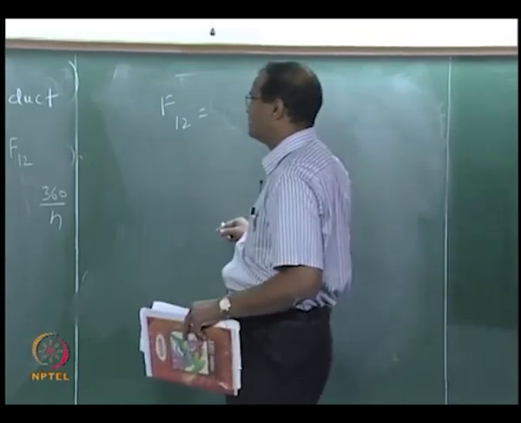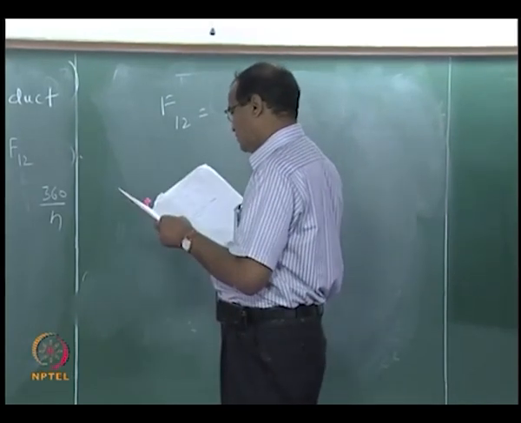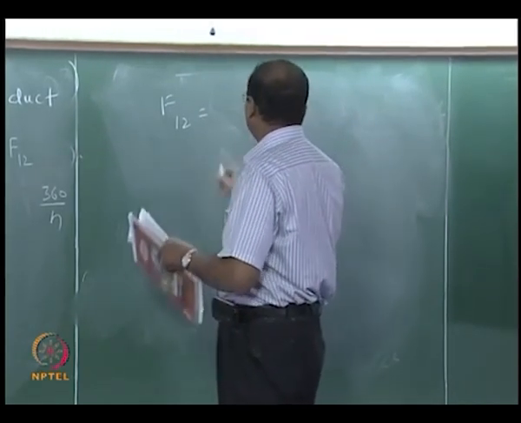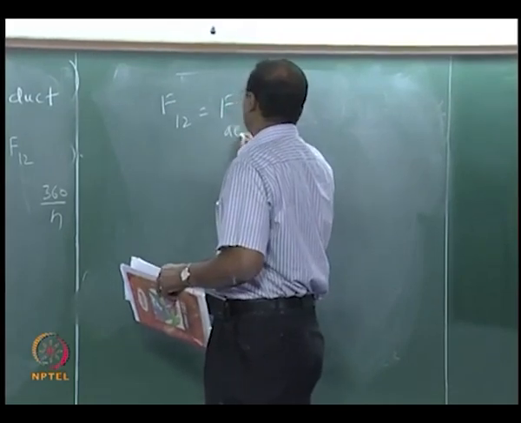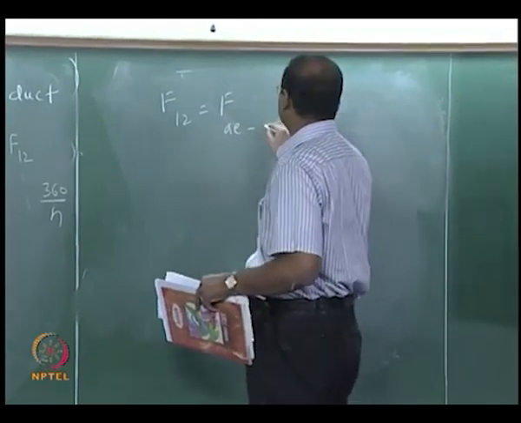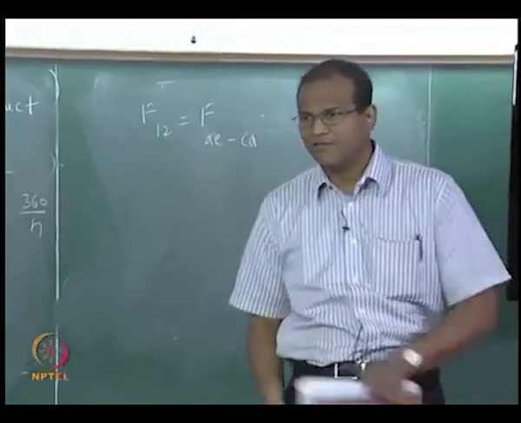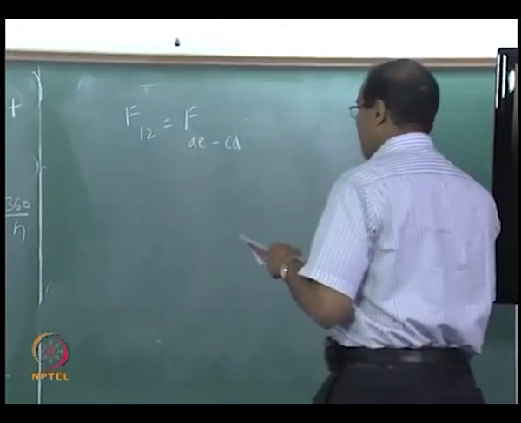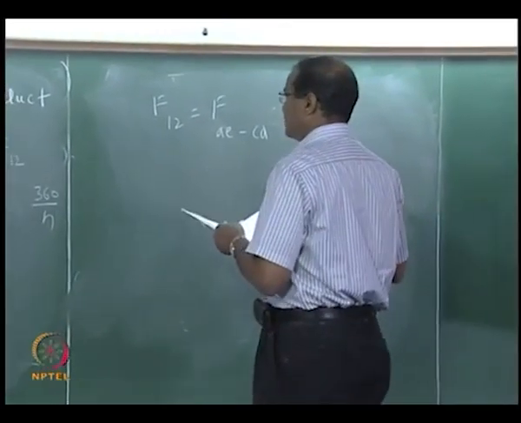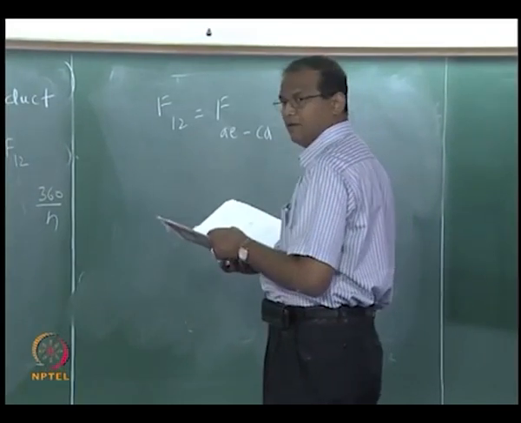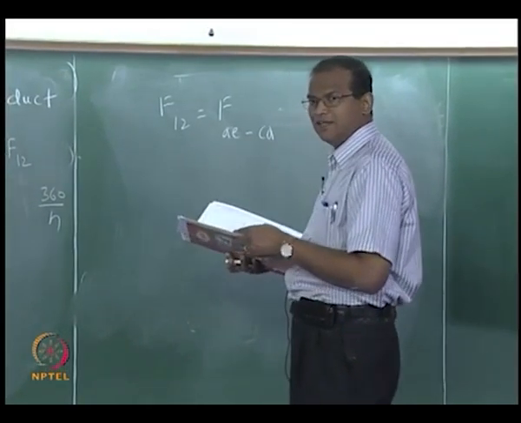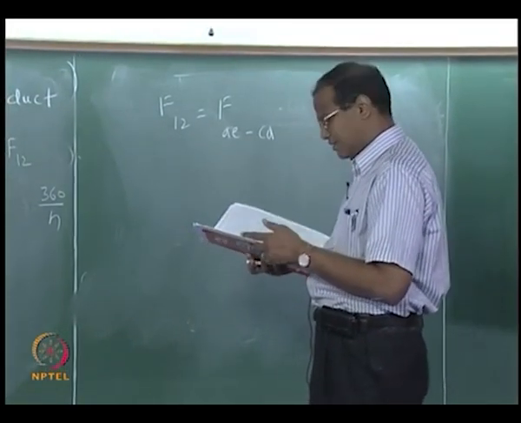F12 is equal to... FAE to CD. Correct? FAE to CD. Now, I am confusing my terminology, does not matter.